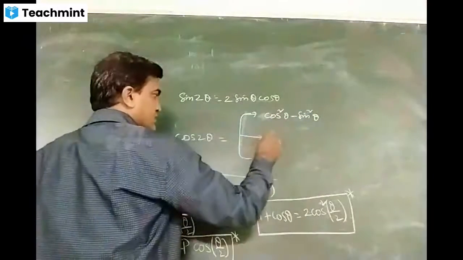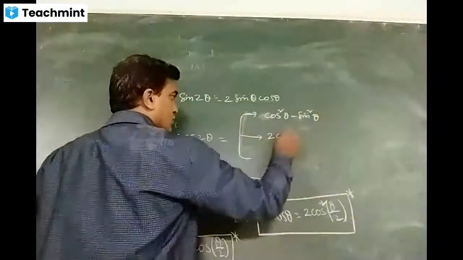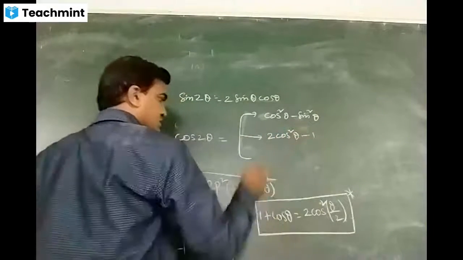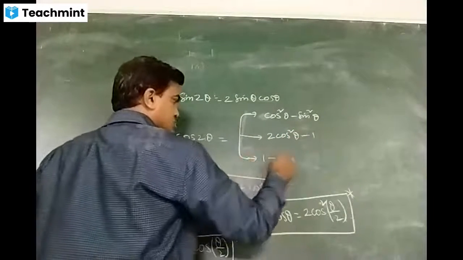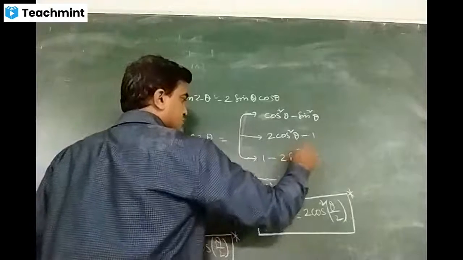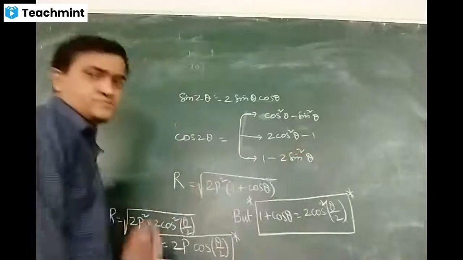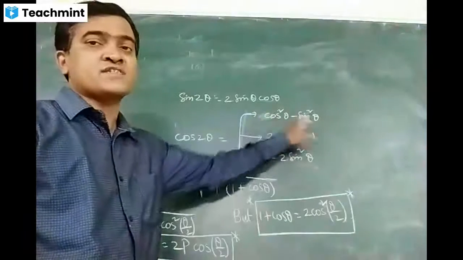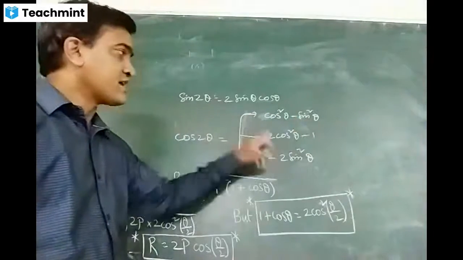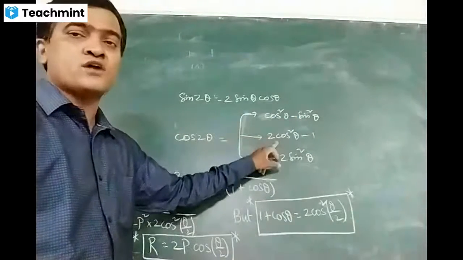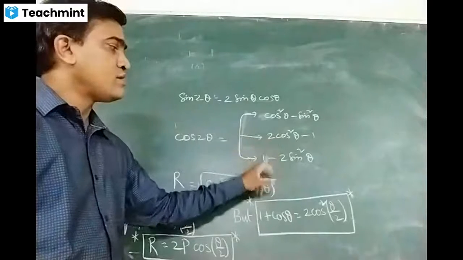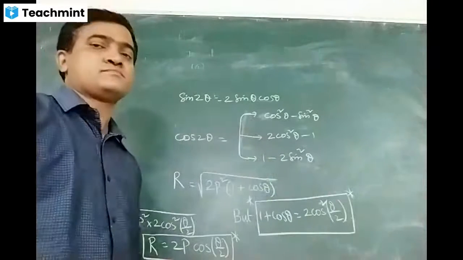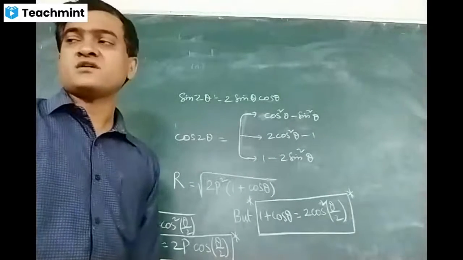The other one is 2 cos square theta minus 1. And one more is 1 minus 2 sin square theta. In the first formula, we have both cos and sin terms. In the second formula, we have only cos term. In the third formula, we have only sin term. So these are the formulas.